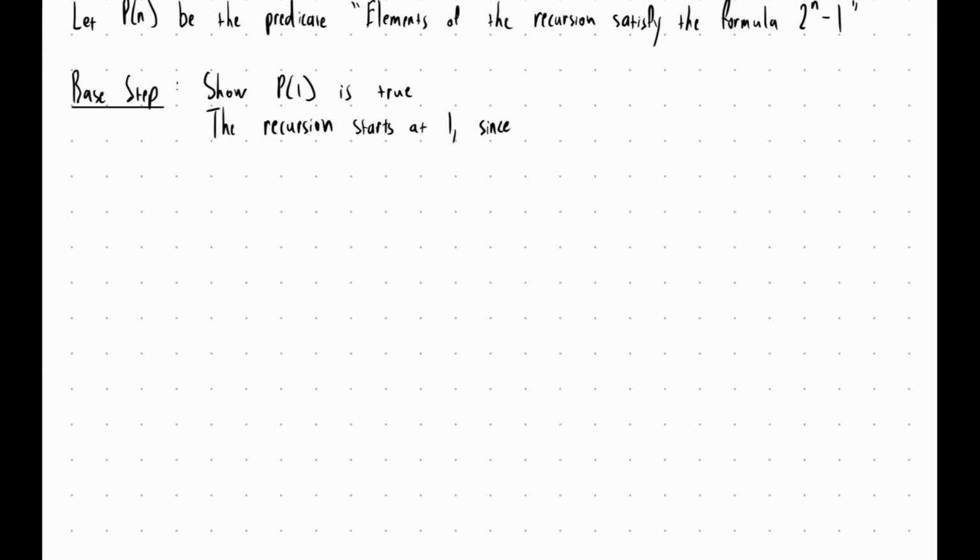Now, the inductive step. Show P of k implies P of k plus 1 is true for all k in C plus.